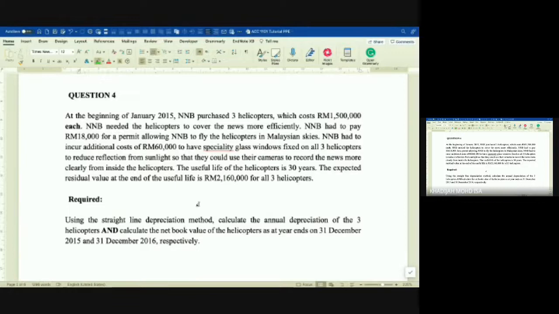So take note of the information provided. So you have 30 years useful life. Cost is 1,500 each or 1.5 million each. And then you have useful life, residual value. Yeah, so this is your residual value.